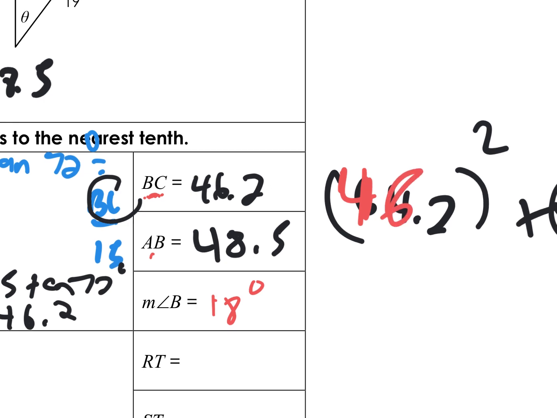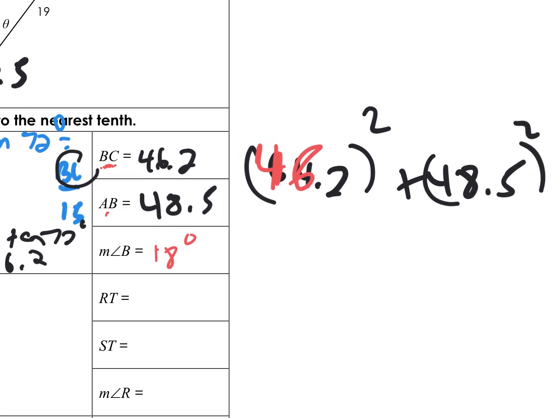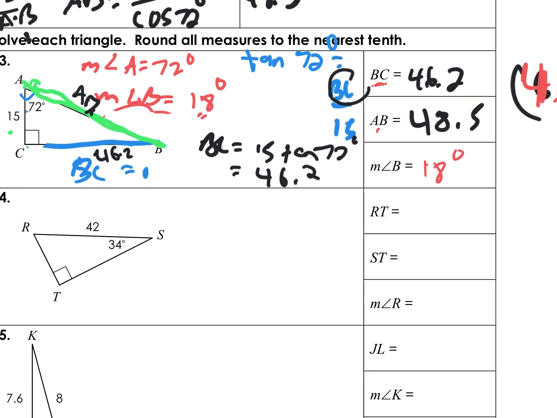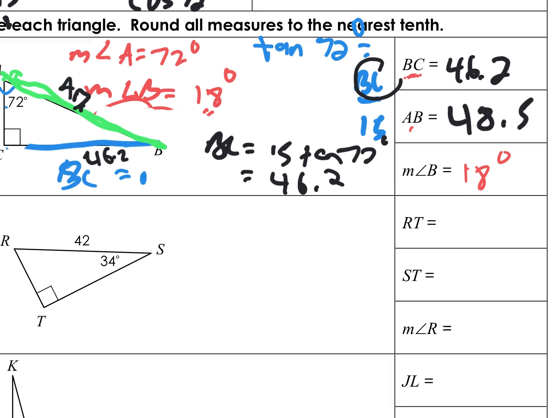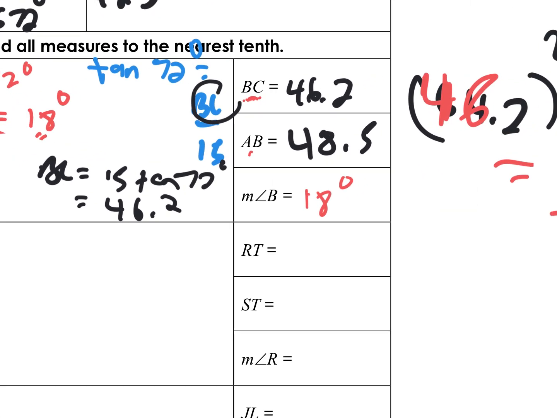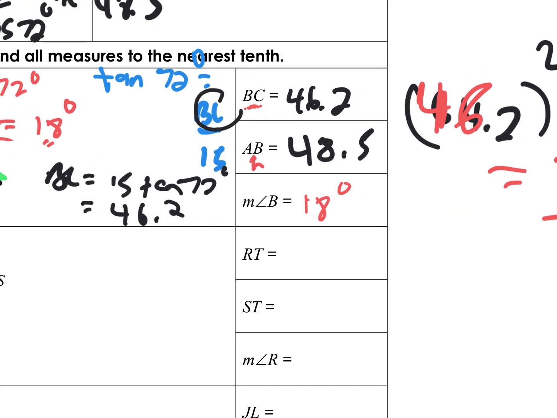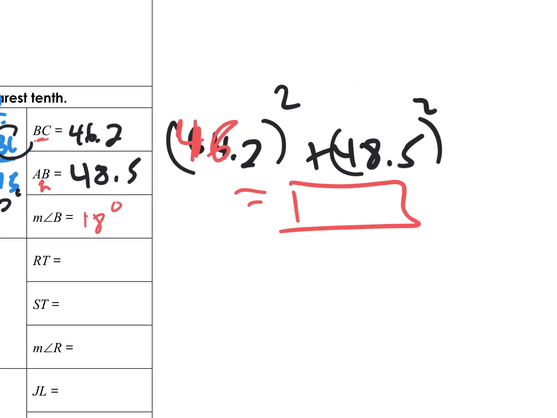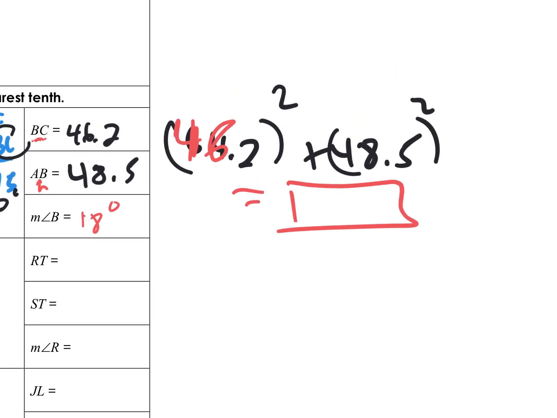46.2 squared plus 48.5 squared should be, well, AB was what we just found. Wait a minute. I'm sorry, I messed it up. Isn't AB the hypotenuse? Yes. So that can't be right. I would have messed up on the Pythagorean theorem.